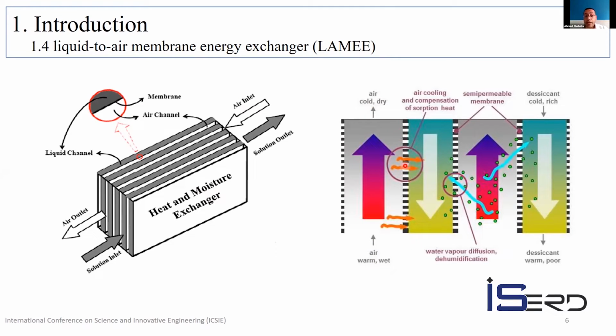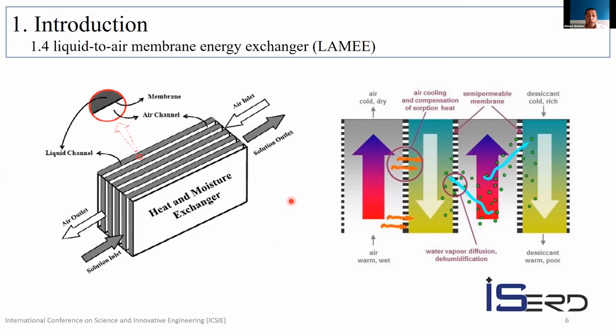Between them, there is a permeable membrane. The membrane allows the transfer of moisture, but doesn't allow the transfer of liquid streams to the air. And this is important so that the air stream that is supplied to the room doesn't have these salt droplets that can damage the electric devices.